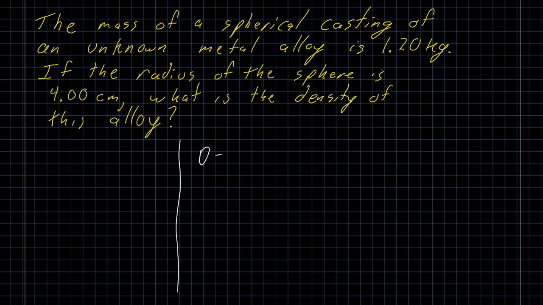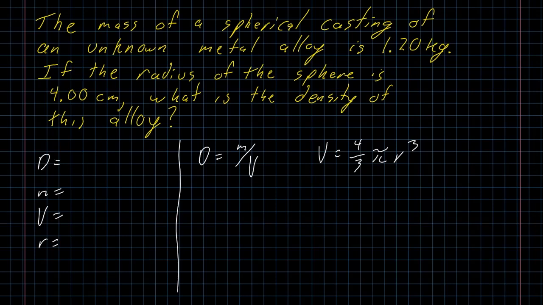So we know that density is mass over volume. And I'm going to go ahead and jump in right away. We know we're dealing with a sphere. And a sphere has a volume given by 4/3 pi r cubed. So our variables in this case are d, m, v, and little r.